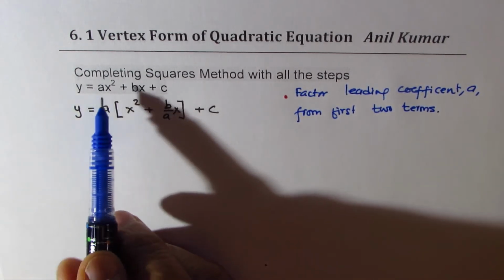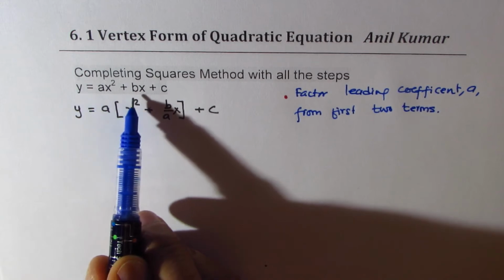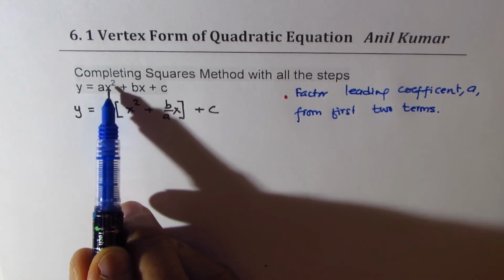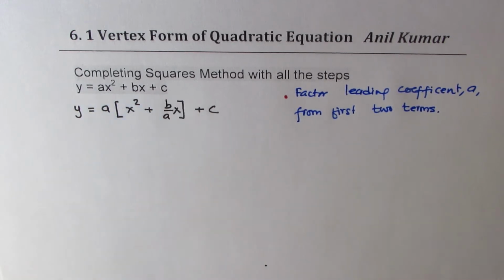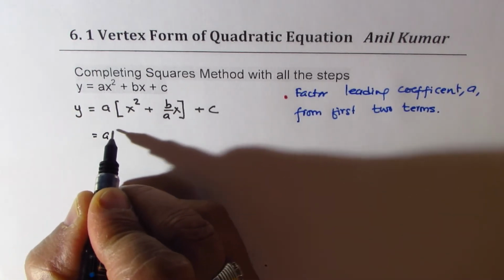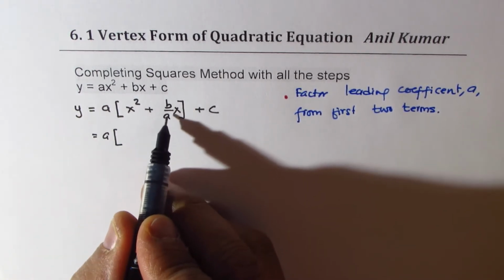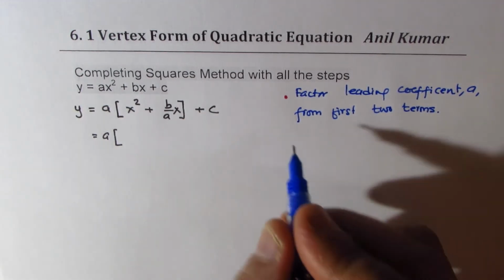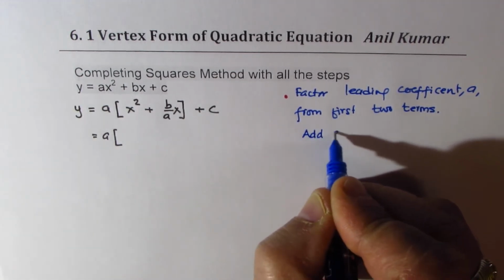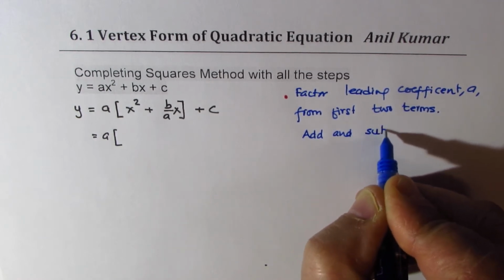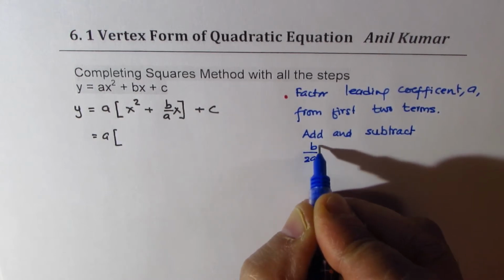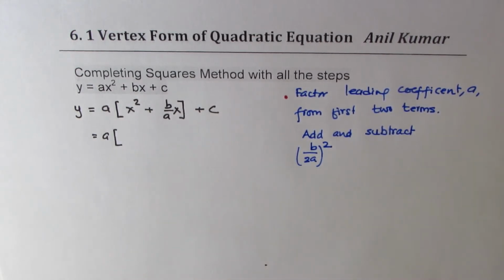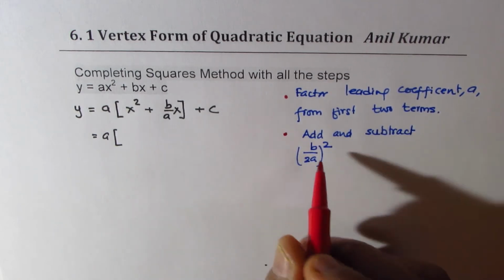Now, first two terms: whenever we write standard form, we always start with the highest degree first and then arrange the terms. So you have to arrange the terms as written in this equation, right? That is important. Now, the second step here is to add and subtract half of b by a. So we will add and subtract (b by 2a) whole squared.